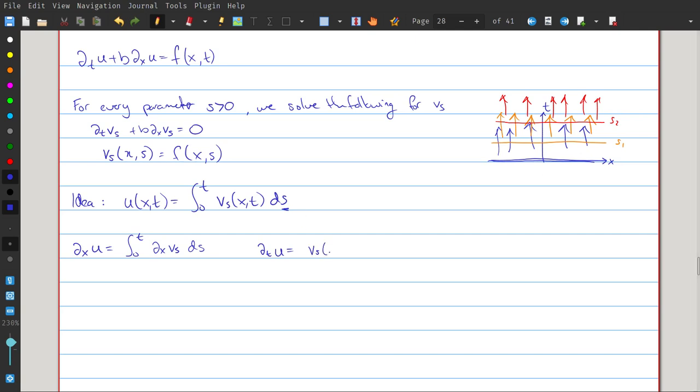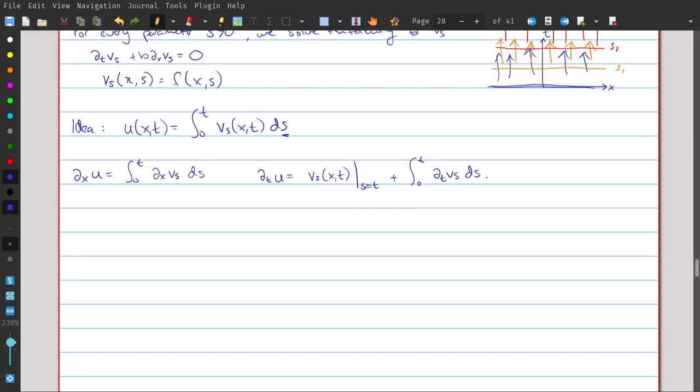By the fundamental theorem of calculus, when we differentiate the upper bound, you just get the integrand function back at, other way around, sorry, s equals t. Right, so you have to evaluate what's being integrated at the limit, plus then the integral of the derivative, like so. So that's the t derivative of u.